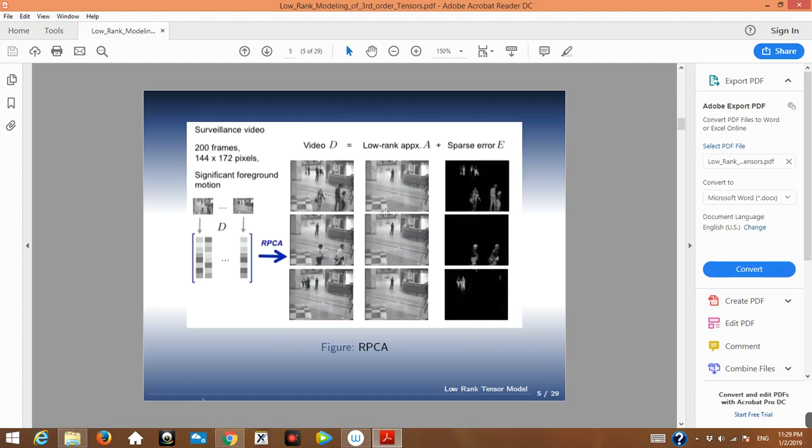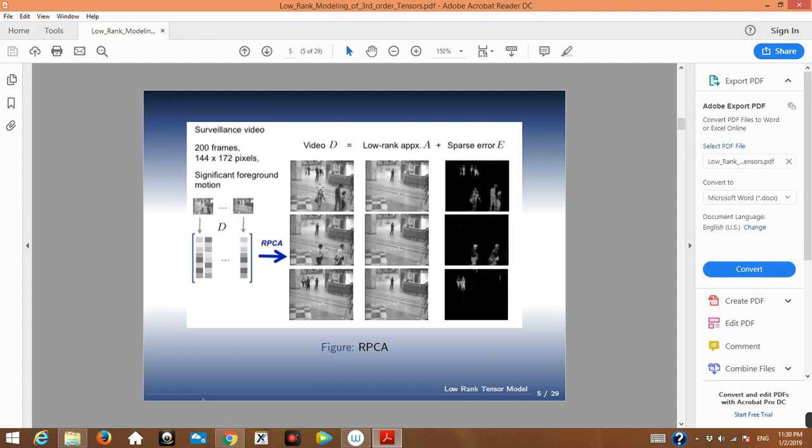For example, if we look at this video sequence, we can see this is a camera video in the Carbondale Mall. We know that the building and the stores in the mall are unchanged. They may remain the same all the time, but the people are moving around, so the people always change.